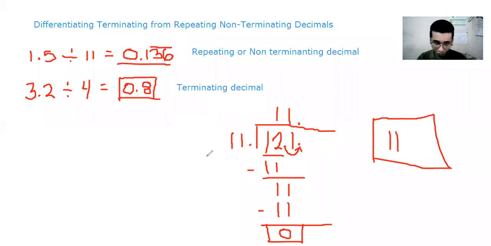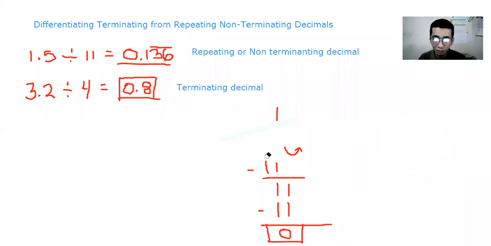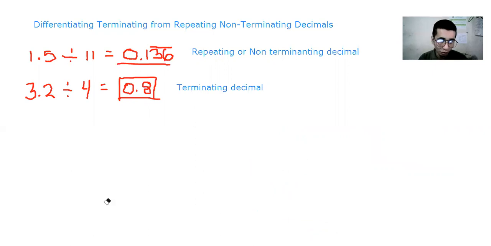So, clear na ba? Okay na ba? Okay na po. Okay. So, we have another example. Tingnan natin kung terminating ba to or non-terminating, repeating. Terminating decimal or repeating decimal.